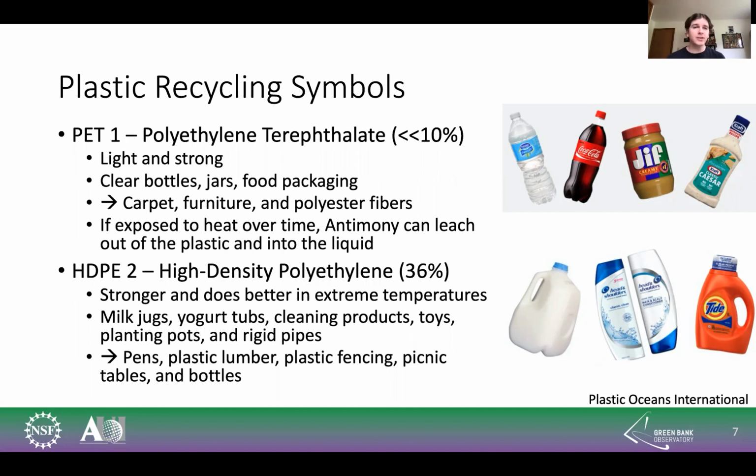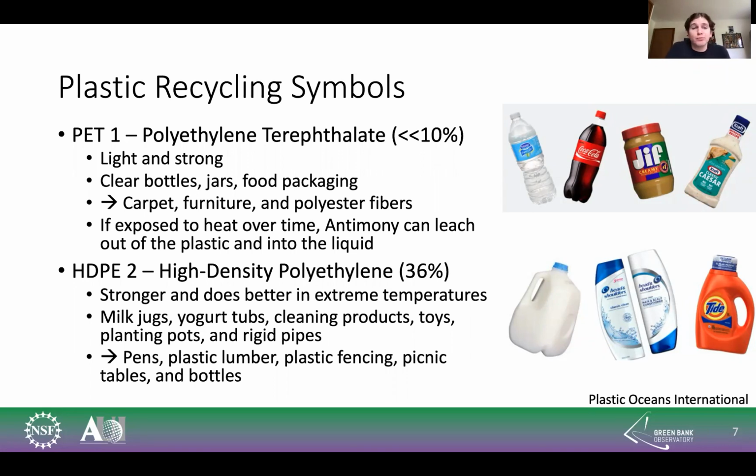So first up, we have polyethylene terephthalate, or PET 1. This actually makes up less than 10% of the plastic produced. However, it is one of the most commonly seen in our everyday lives. It's strong, it's light, and it's generally transparent, and used in things like bottles, jars, and other types of food packaging.